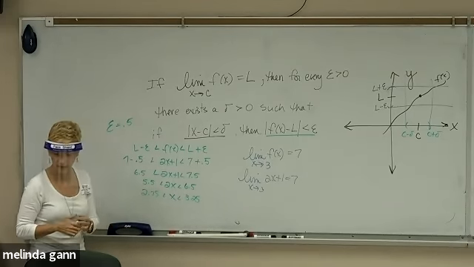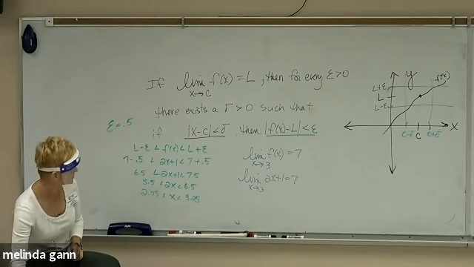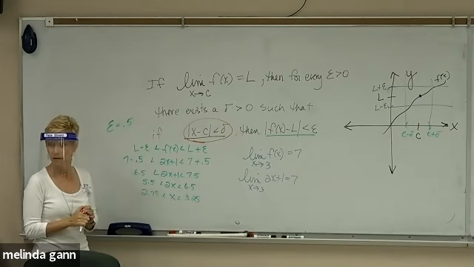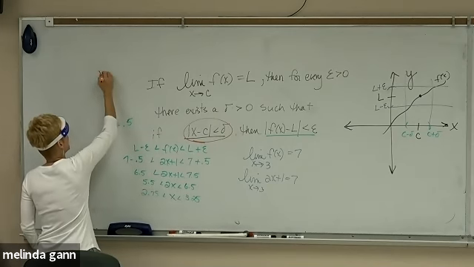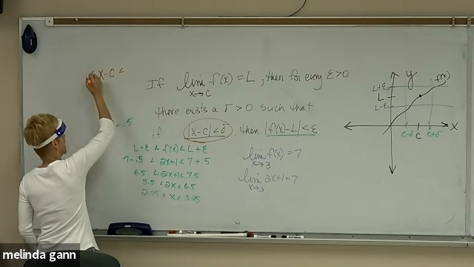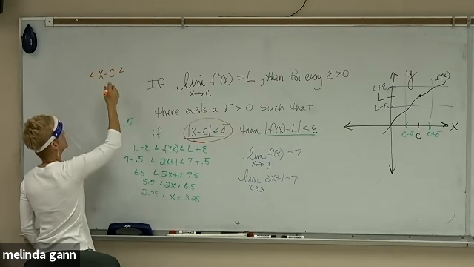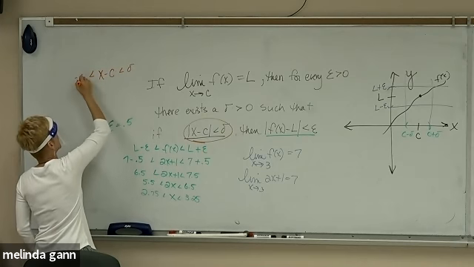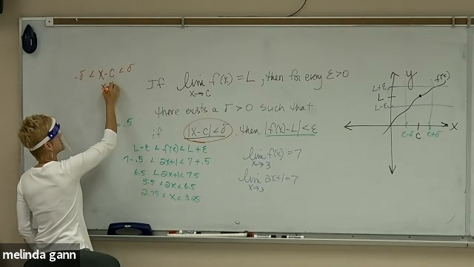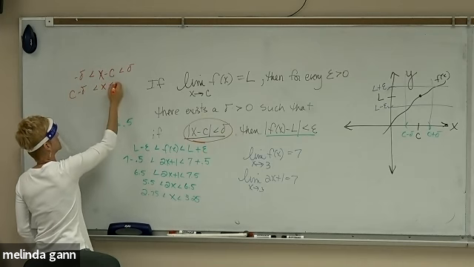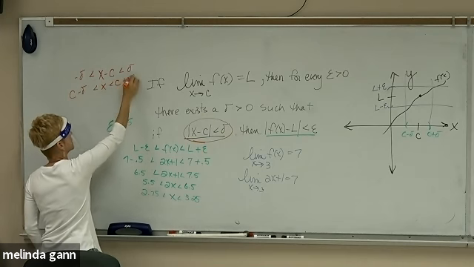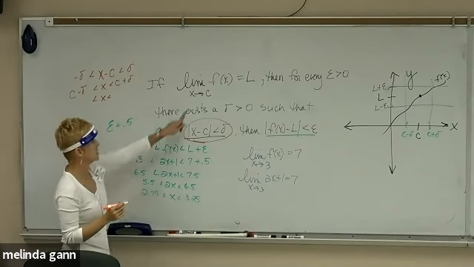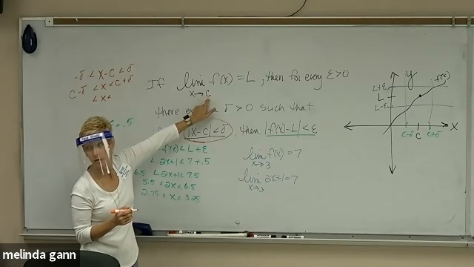Now, go back to this for a second. Doesn't that say that x minus c had to be between what? Delta and negative delta, remember? So x had to be between c minus delta and c plus delta. Now, look where c is. You see c is this number?